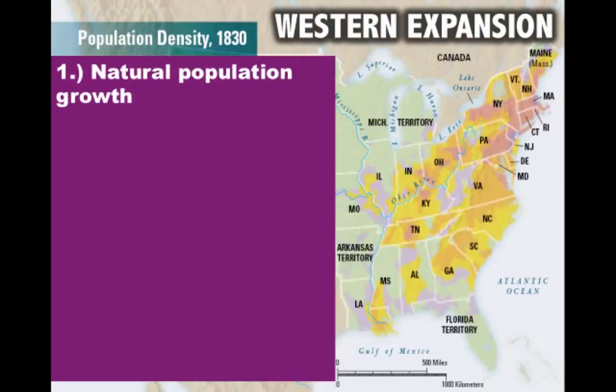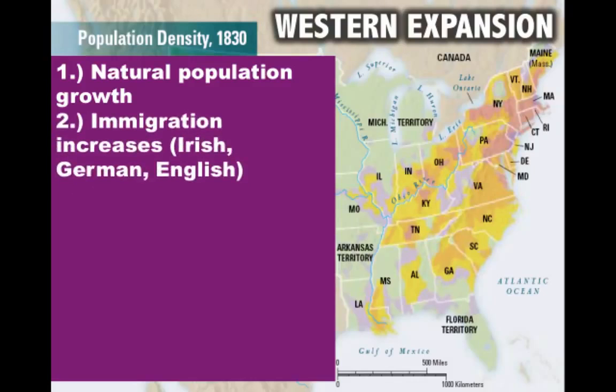One, the population's growing through natural population growth. Birth rate is allowing the population of the United States to increase. You also have this huge amount of immigration coming, especially around 1830 and especially 1840. The number of immigrants increase, and the people who are coming are different. The number one group is the Irish, number two is the Germans.